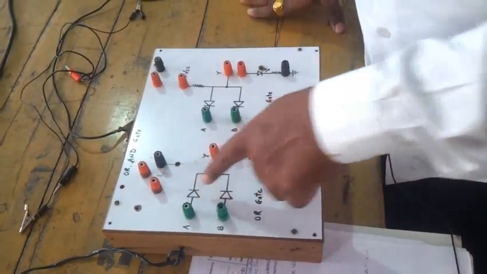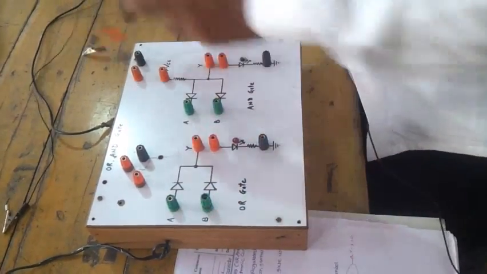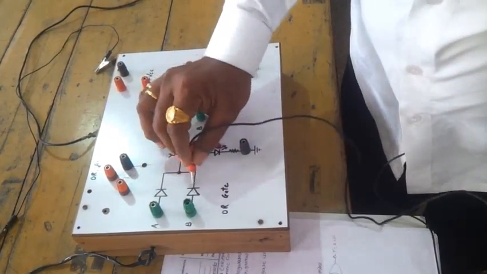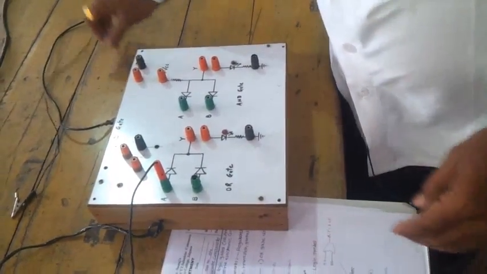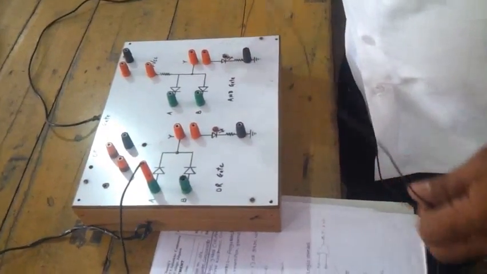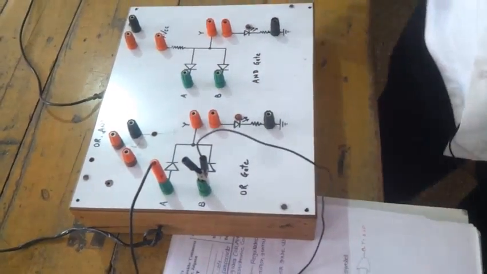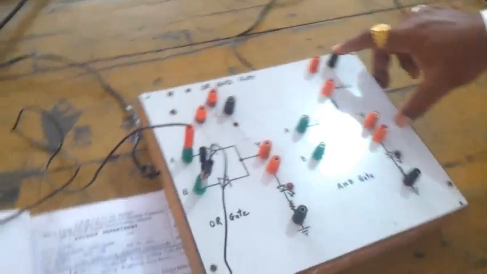So at first for OR gate, here we use two diodes. These are the two terminals. First diode D1 is connected to terminal A and second diode D2 is connected to B terminal. Here these are the source terminals. This is positive terminal and negative terminal.